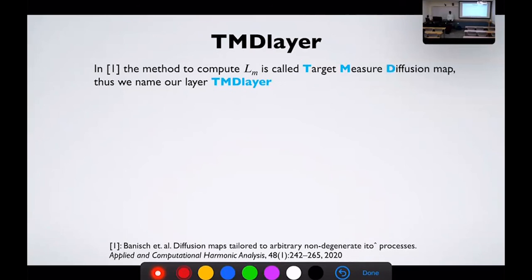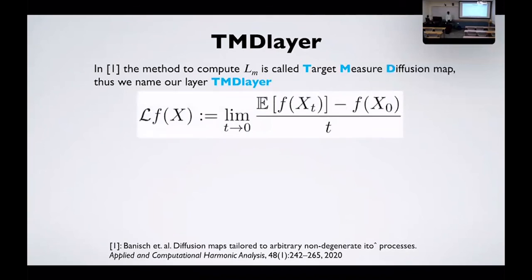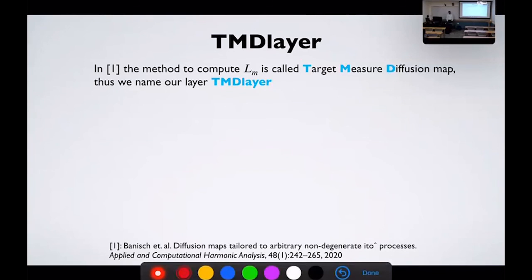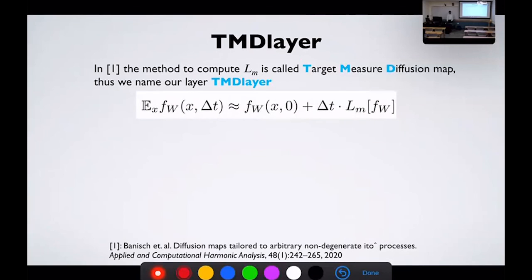So we tried this. What we wanted to do was just plug in F to be a neural network into this definition. And what is it going to be useful for? You unwrap the limit definition and rearrange the terms.